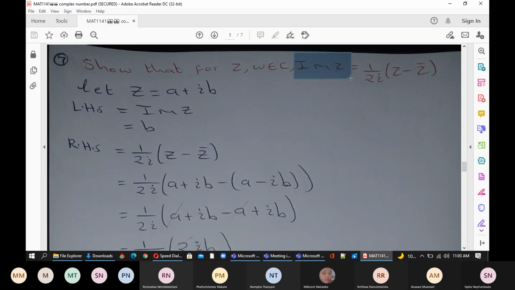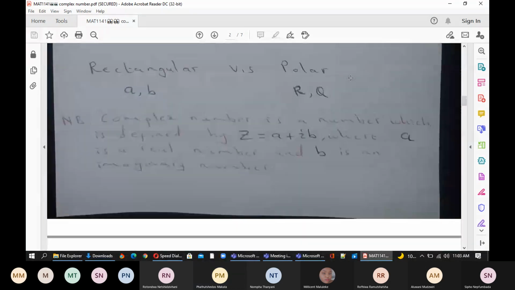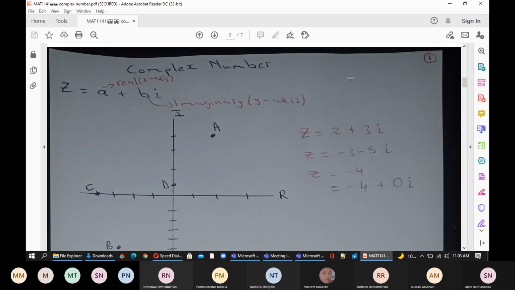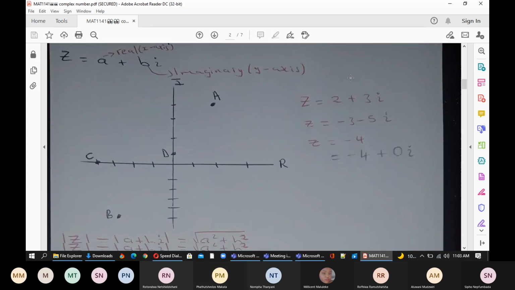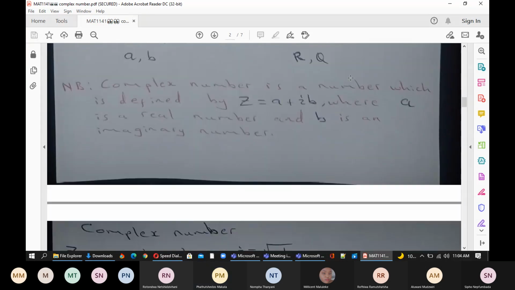Which is equal to what? Which is equal to the imaginary of the conjugate. I think I have written those things down, right? Didn't I?